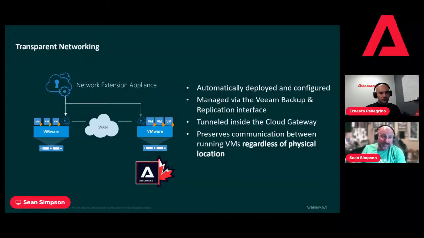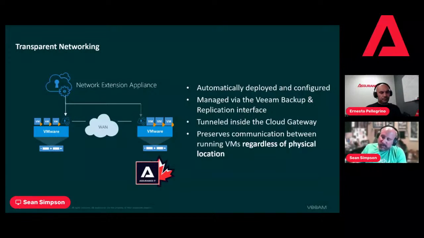So it's automatically deployed and configured. It's managed via the Veeam Backup and Replication interface. It's tunneled inside the cloud gateway, and it preserves communication between the running VMs regardless of the physical location. So it's really going to extend the tenant network to Assurance IT and allow them to access these servers, whether it's a partial failover or a full site failover.